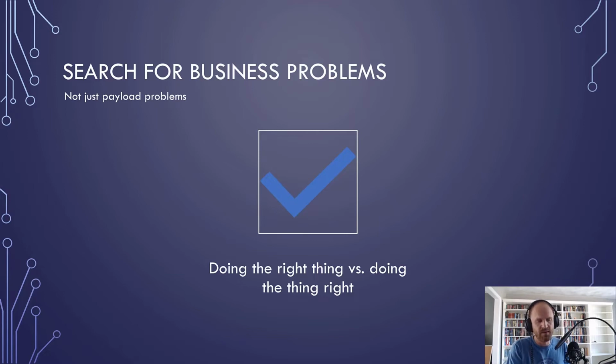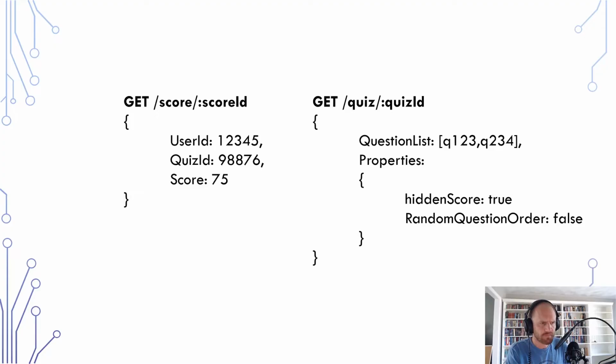So maybe let's walk through an example of this to understand it a little better. Here's a totally made up example of an endpoint for a quiz. Somebody takes a quiz in an online course, and we've got these two different endpoints here. You can get your score based on your score ID.